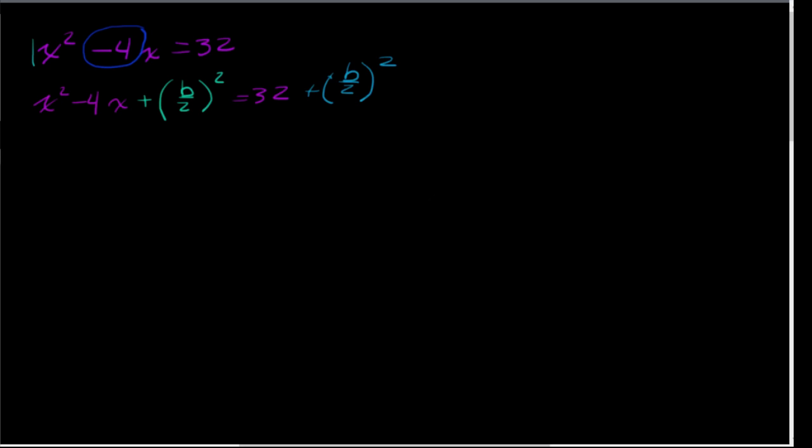So I can go ahead and plug that in. I'll get x squared minus 4x plus, instead of b, I have negative 4, so negative 4 divided by 2 squared. And I have that equal to 32 plus b divided by 2, and b is negative 4, so negative 4 divided by 2 squared.